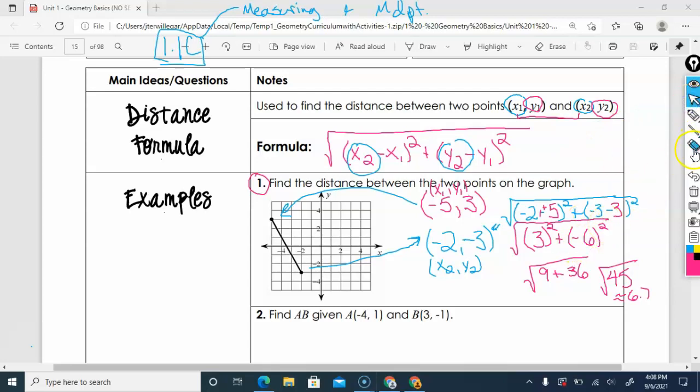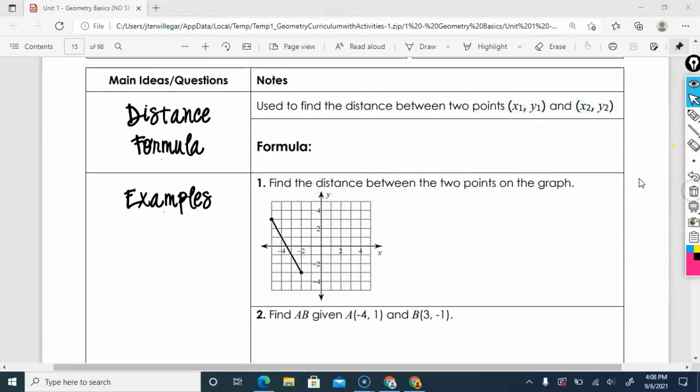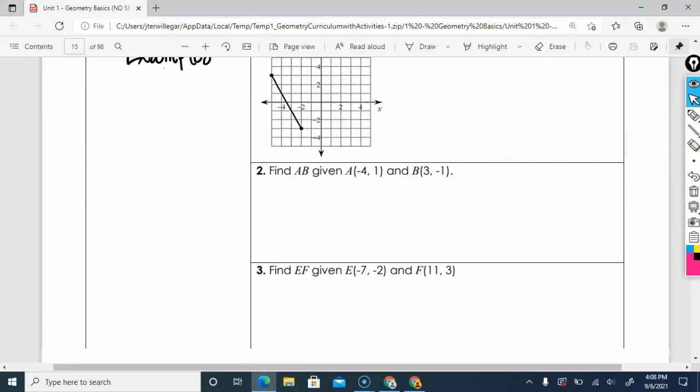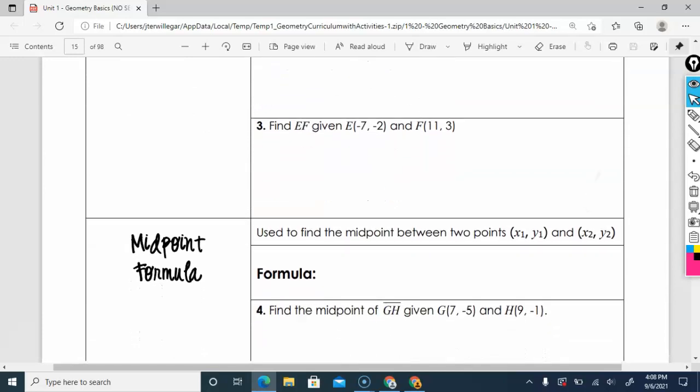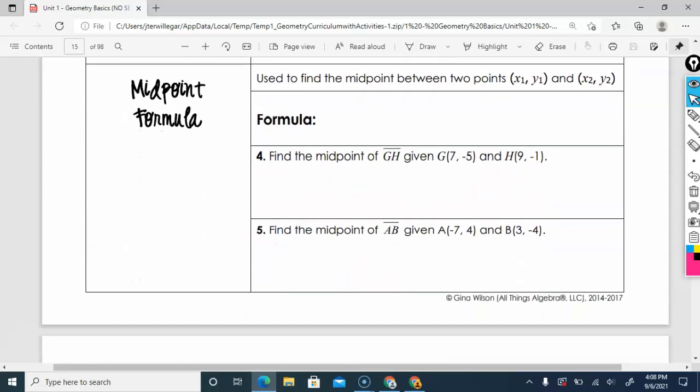Let's keep it going. How do I clear the screen? Do y'all remember? There it is. All right, so let's go on to midpoint. I'll do another distance example in class. If you have 2 points, A and B, the midpoint would be right in the middle.